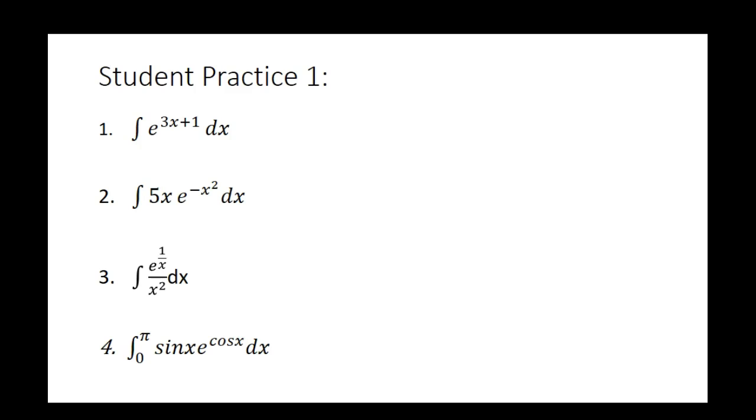Number 3, this one, your trick is to find out your u, but it's actually not that bad. So, see what you guys can do there. I'll give you a few seconds. They're all pretty much the same, honestly. It's just that number 3 looks a little ugly.